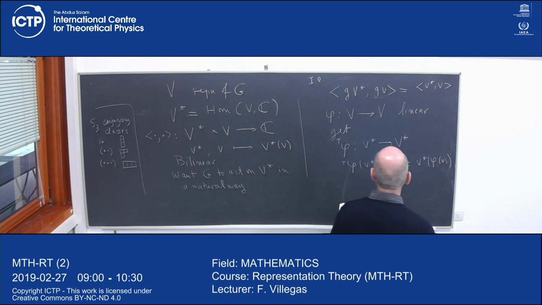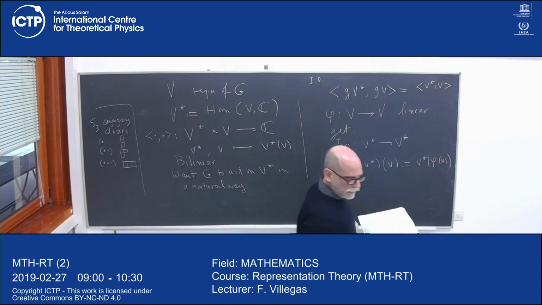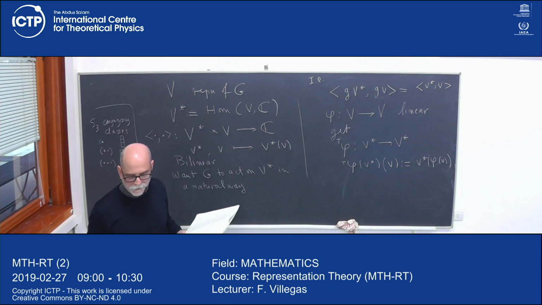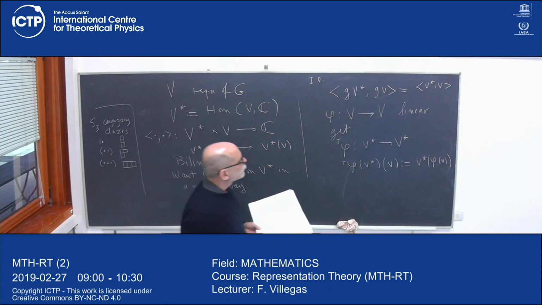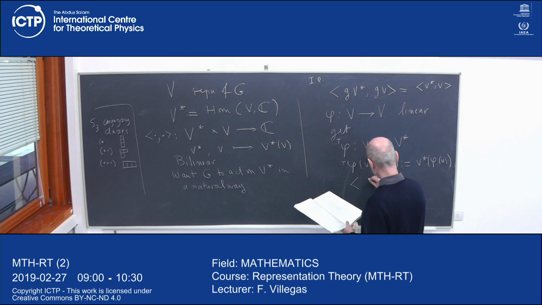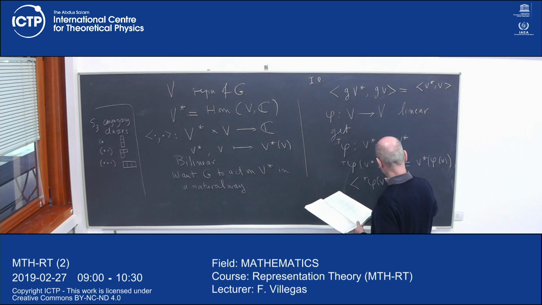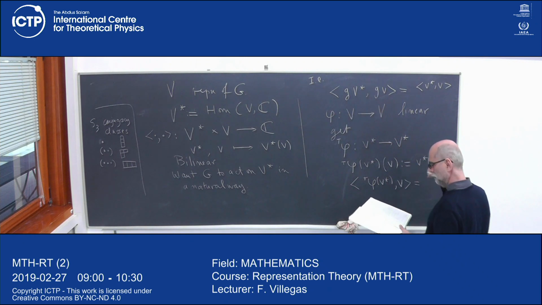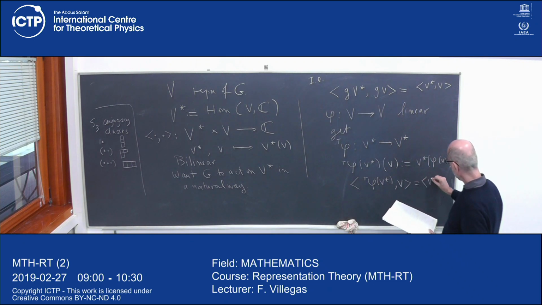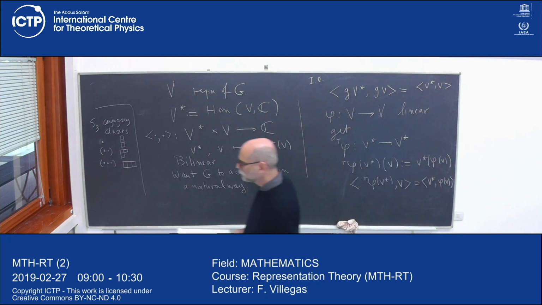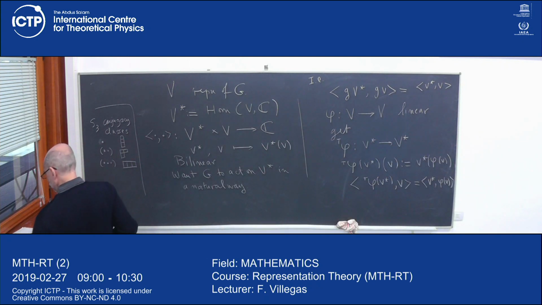Yeah? It's one of those things that if you're asked to define something like this, you just put the symbols in the only possible order that makes sense. And so with this definition, phi transpose v dual paired with v is just a rewriting of this in terms of the pairing. So it behaves as the transpose.